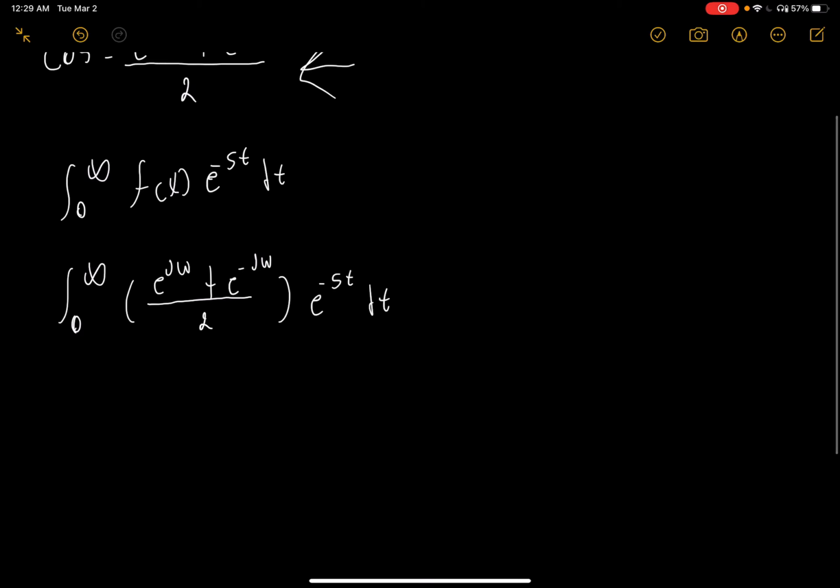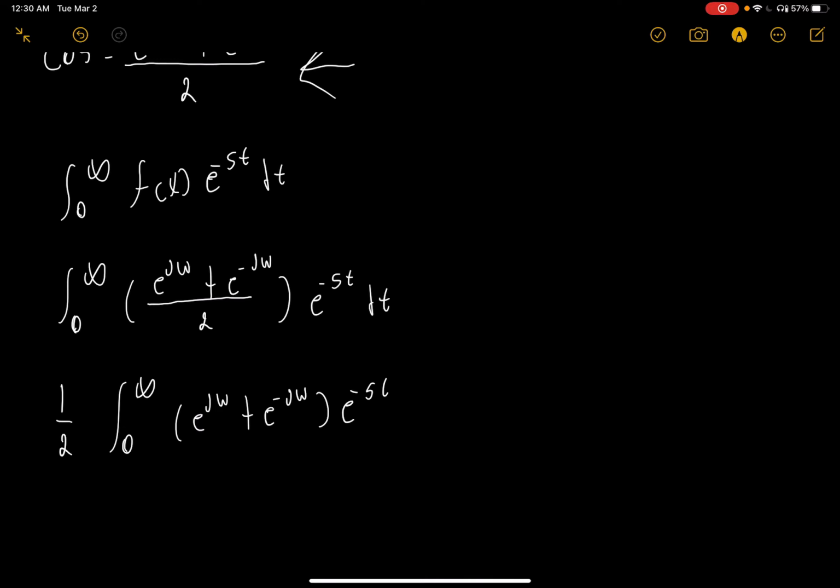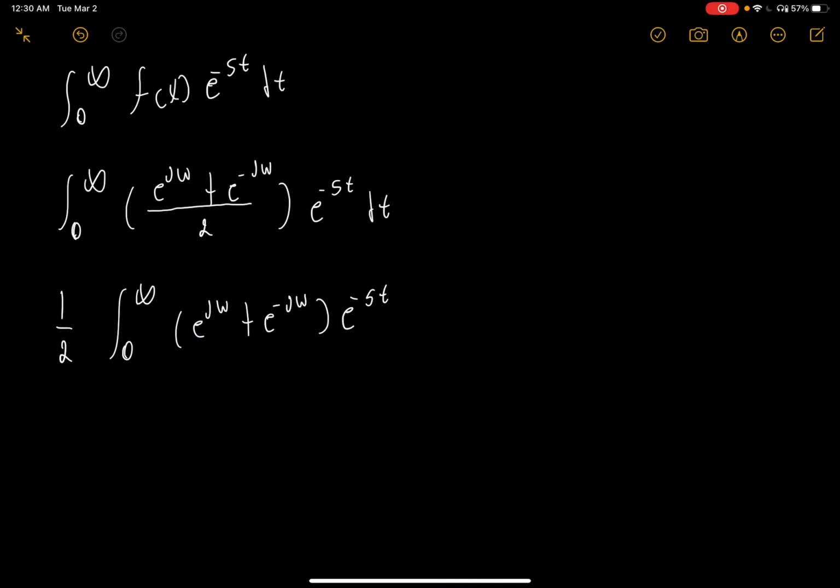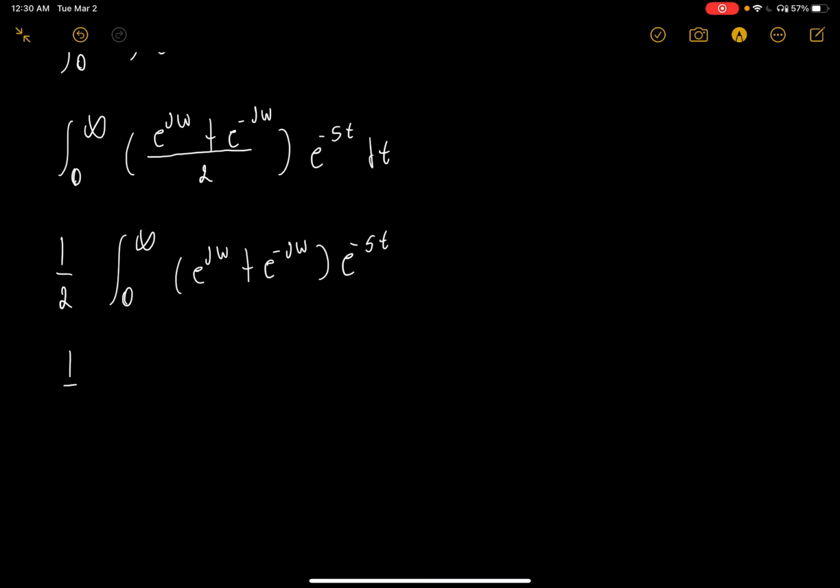Right off the bat, I can go ahead and factor out my 1/2, rewrite this, still in parentheses, keep things organized, times e to the negative st. As y'all can see, we can combine our two exponentials and make this into two different integrals. That'll make things a lot easier to see. So let's box our inside and leave the 1/2 outside.